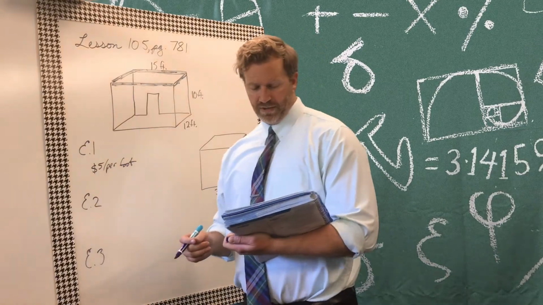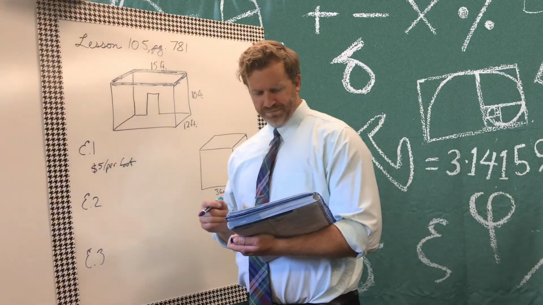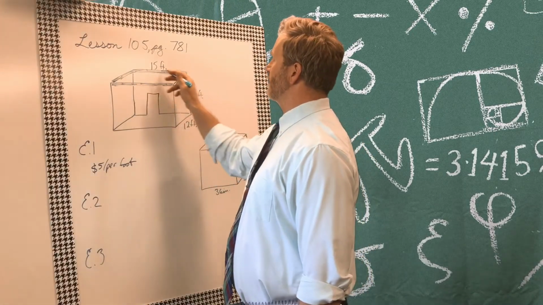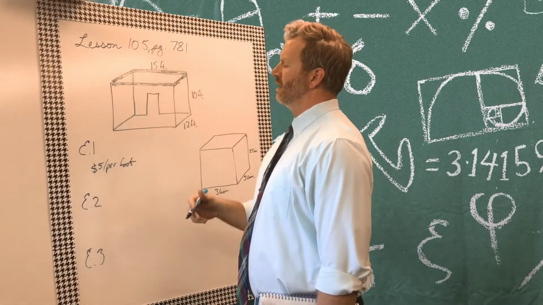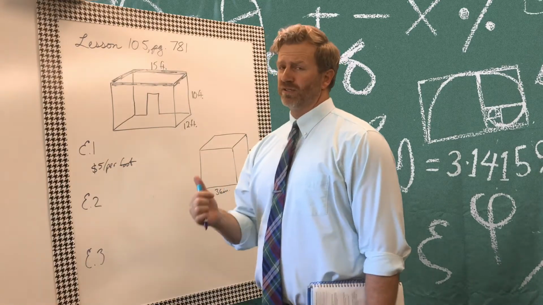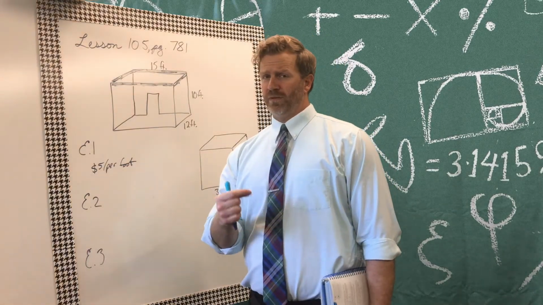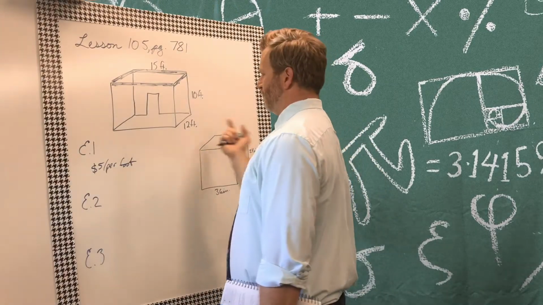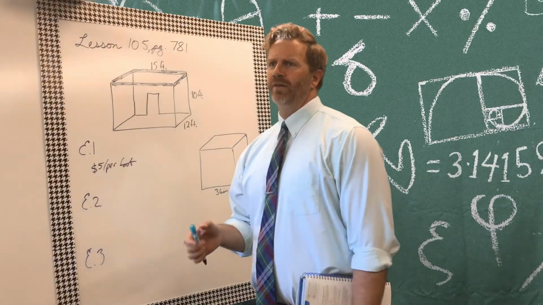All right, here we go. So we need to figure out how many feet around just the top there is. So would we use the formula for perimeter, area, or the formula for volume to try to figure that out?